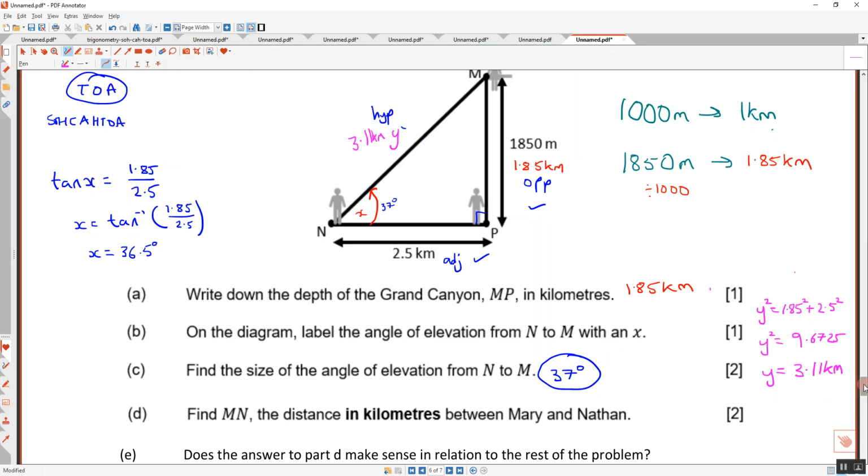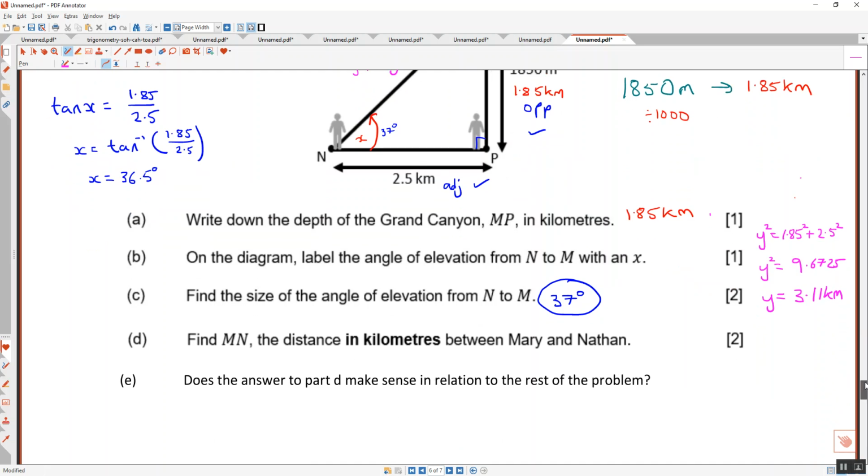Now, does the answer make sense in relation to the rest of the problem? Well, we would expect. So I'm just going to type something here, make it easier.